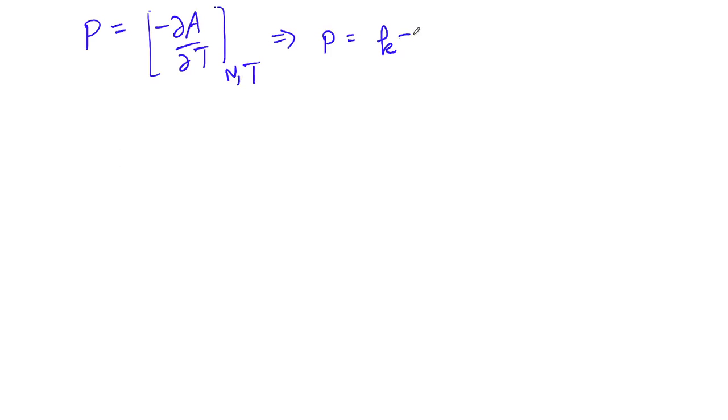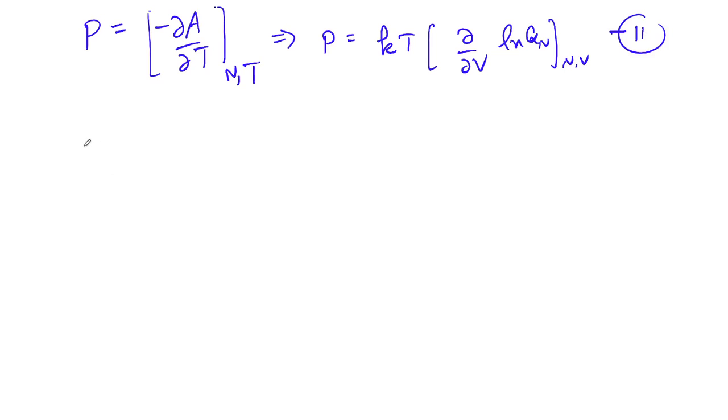So the pressure equation I can write as minus partial A by partial V at constant temperature and N. Putting the value of A, the pressure equation comes out to be kT partial by partial V of log Qn. Let us say this is our equation number 11.